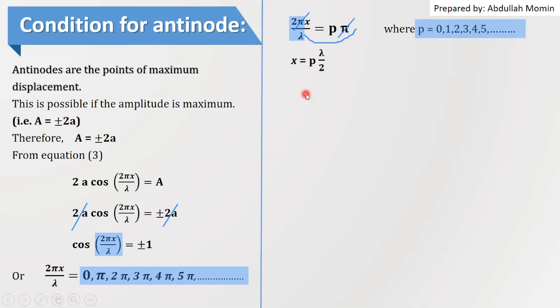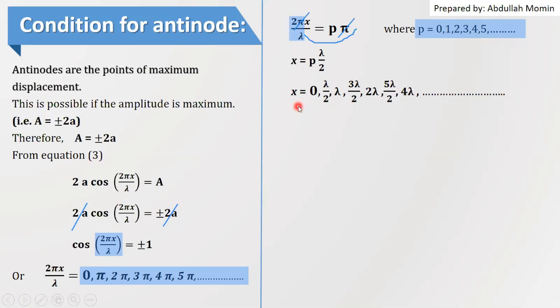So the series we are getting is 0, lambda by 2, lambda, 3 lambda by 2, 2 lambda, 5 lambda by 2, 4 lambda. So simply we are putting the value of p as 0, 1, 2, 3, and so on, and we will get these terms.